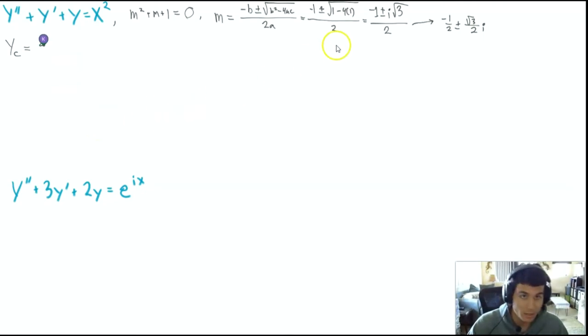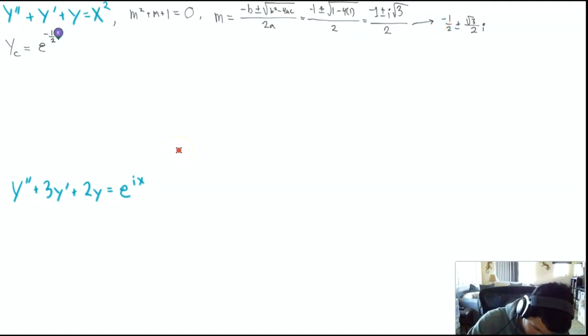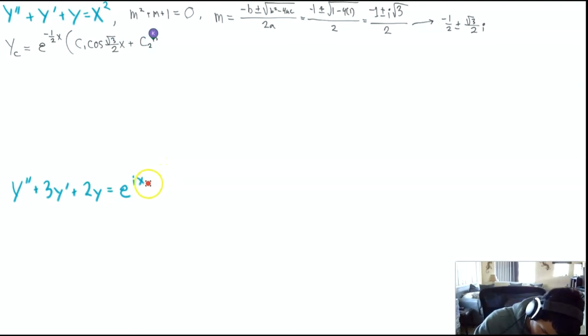It would be e to the alpha x cosine beta x plus e to the alpha x times sine beta x, where alpha is going to be this. Alpha will be negative 1/2 x. I'm going to factor out e to the negative x over 2 times c1 cosine square root 3 over 2 x plus c2 sine square root 3 over 2 x.